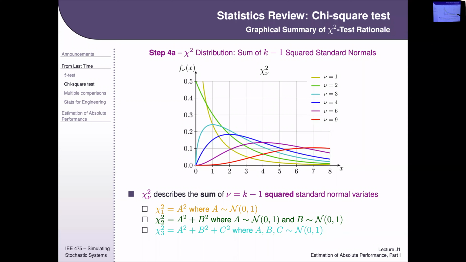And so when I look for the chi-squared distribution with a degree of freedom of 1, that is just the distribution of a standard normal that's squared. The chi-squared statistic with a degree of freedom of 2, that's just 2 standard normals squared and added together.